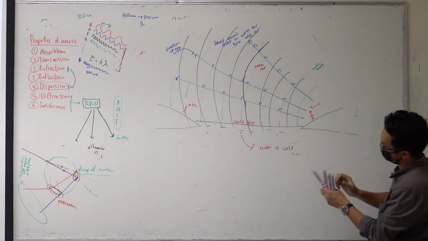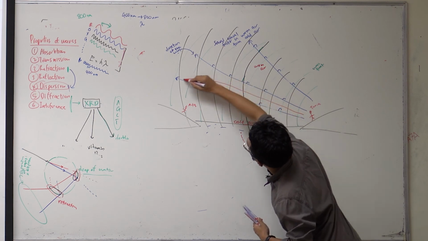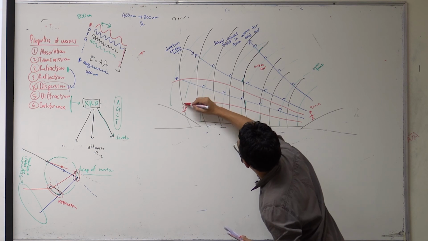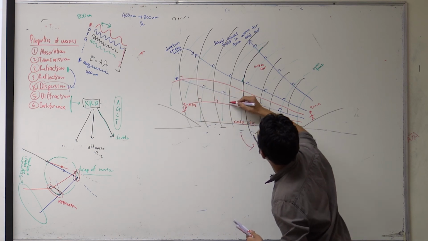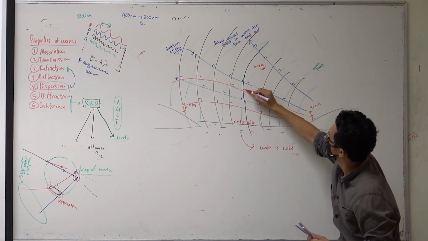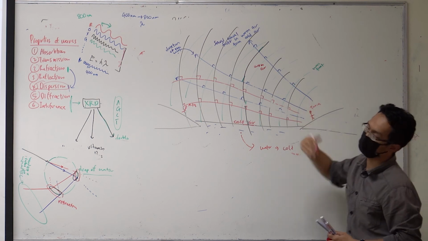Let me put in the red color. Somehow it becomes bent because it's perpendicular. It's more like bent, because this is perpendicular, perpendicular, perpendicular. That's why at night the sound from Tanya is much clearer than in the morning.